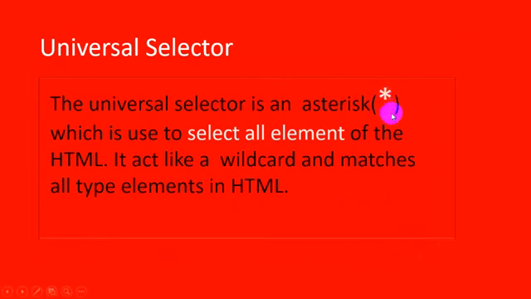It means if you want to apply any CSS to all the HTML elements in your HTML page, you use it. Simply the asterisk, or universal selector, means all, irrespective of name, class, whatever, it will apply on all.